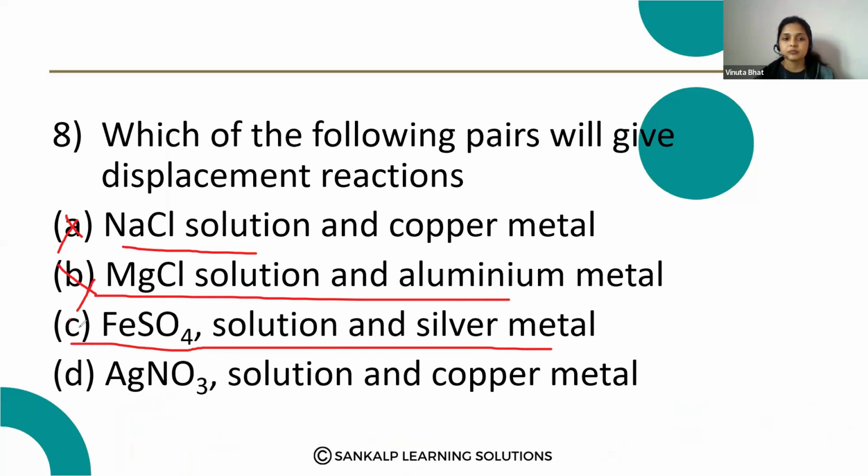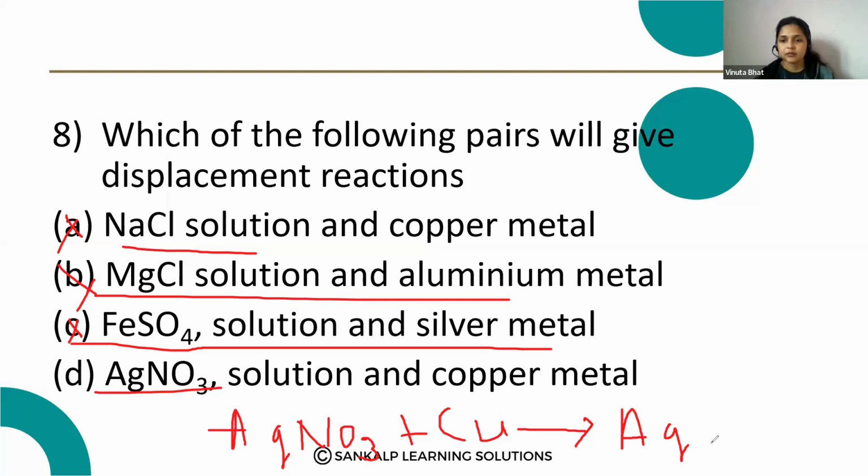Okay, so option D: AgNO3 reacts with copper metal and gives copper nitrate and Ag.